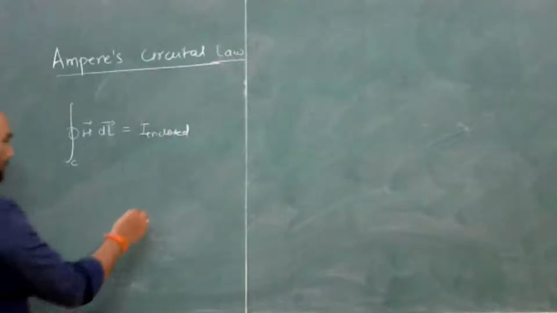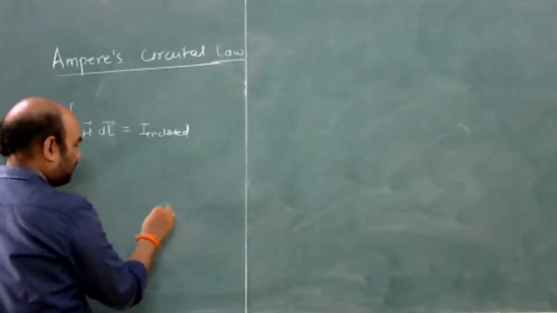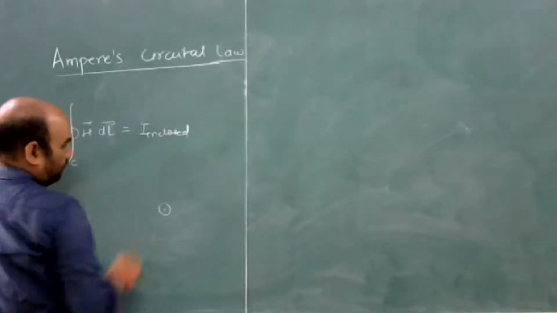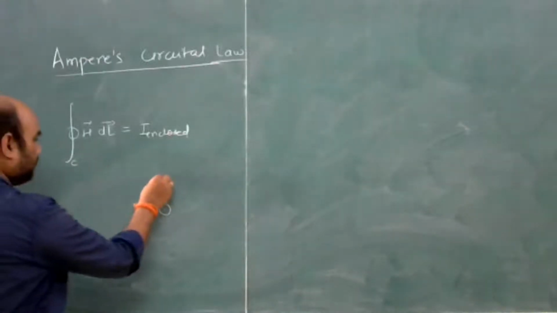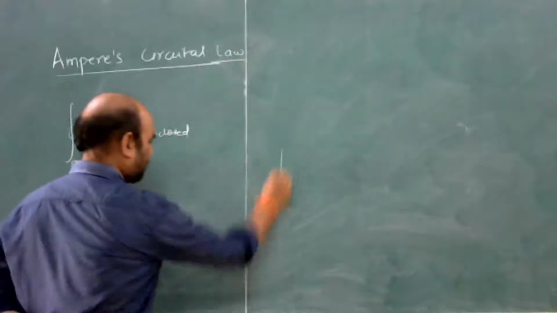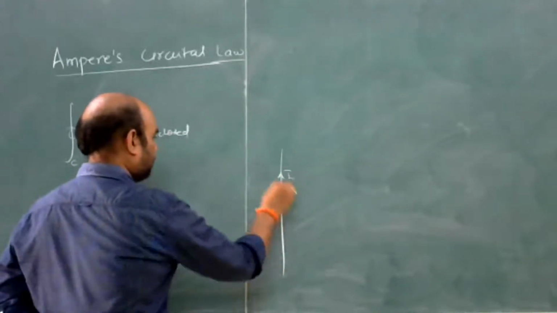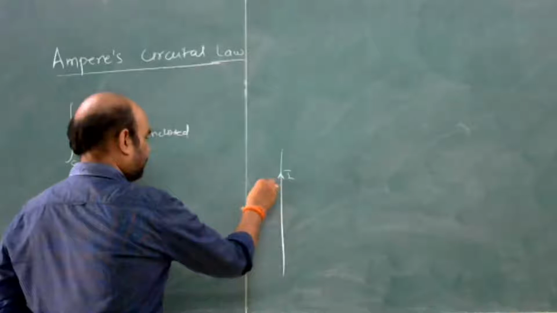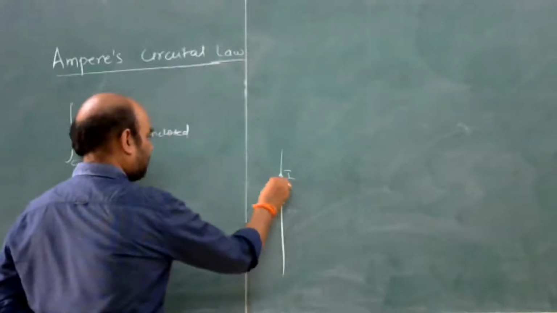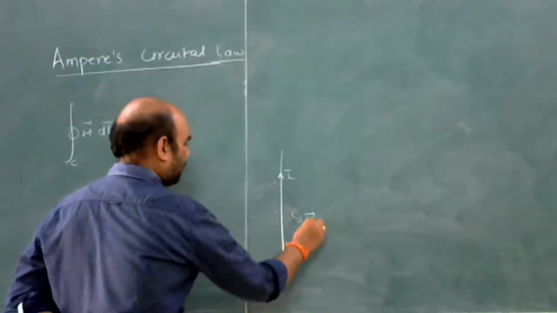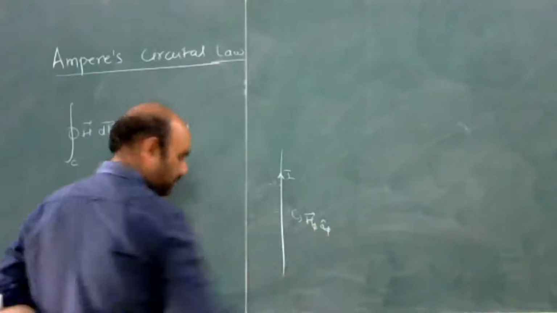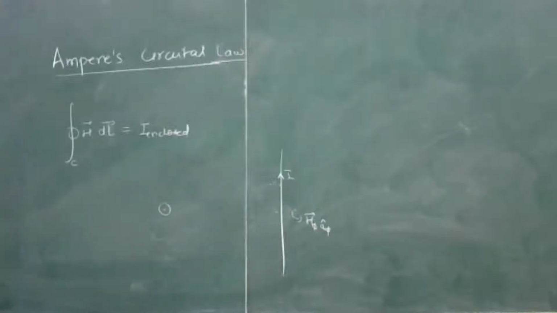If there is a conductor conducting current, this will be the direction of the H. This is vector H phi, along the a phi direction.